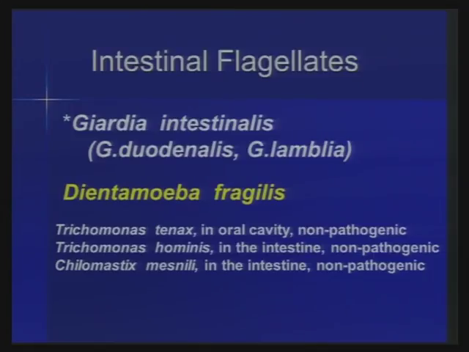So we will focus only on the pathogenic ones, Giardia and Dientamoeba flagellates. Please pronounce Giardia without the hard G, the J sound. When you speak very fast, it's going to be Giardia.